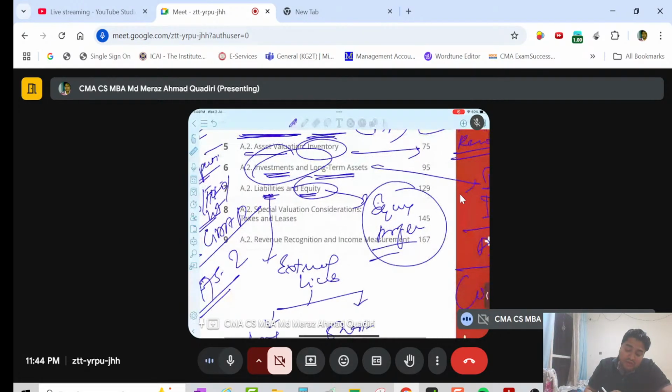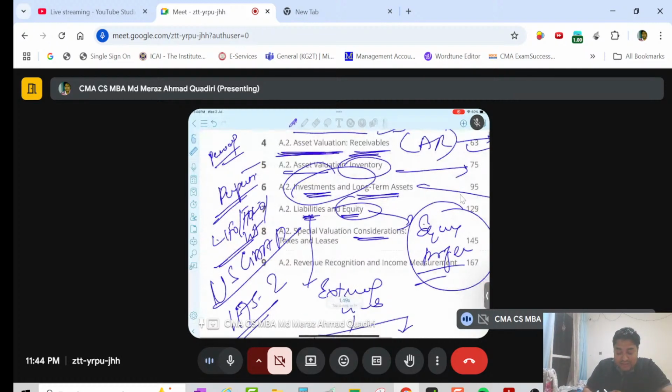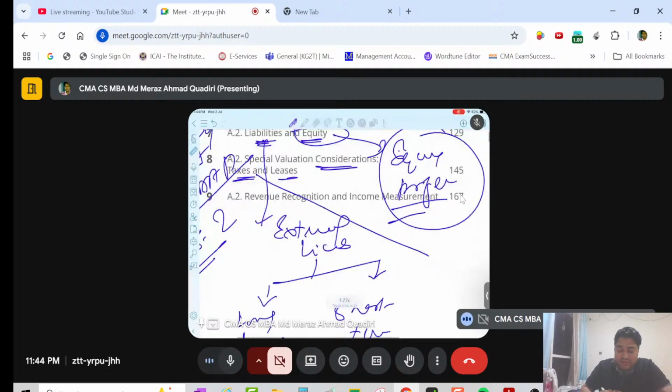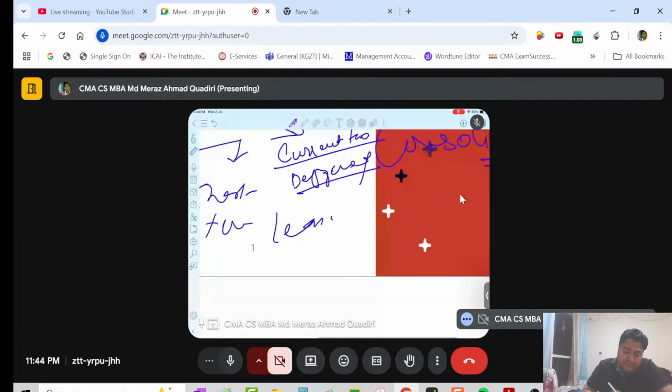Now coming to taxation and lease. In taxation you will learn current tax, deferred tax. In lease, operating lease, financing lease, and their accounting.